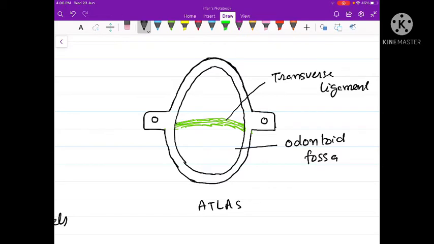The cavity above it is the neural canal, through which the spinal cord will pass. Every vertebra has this, including this atlas vertebra.